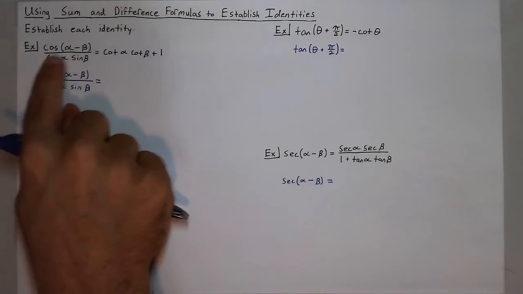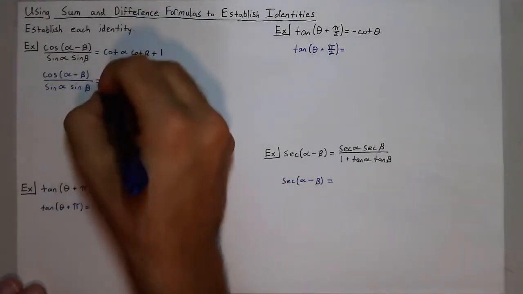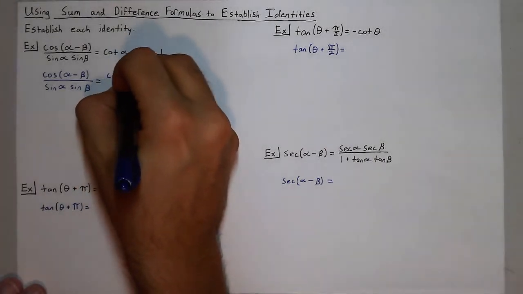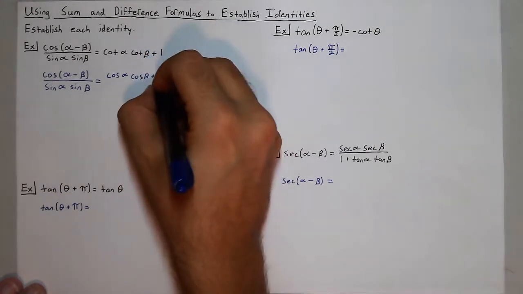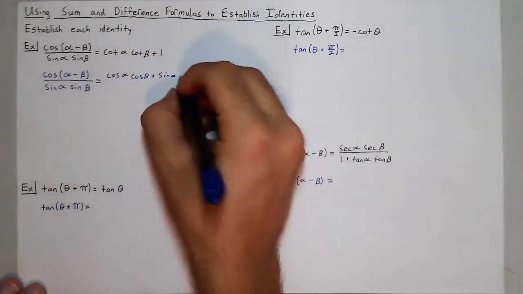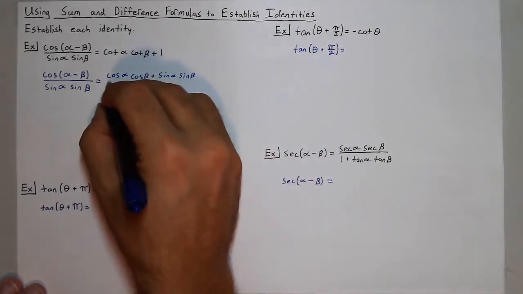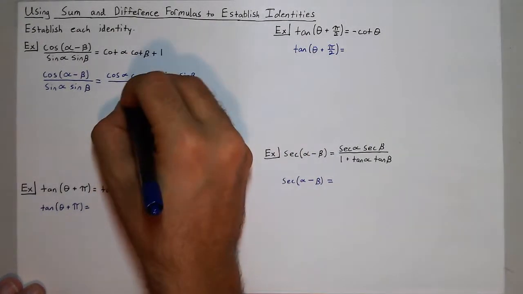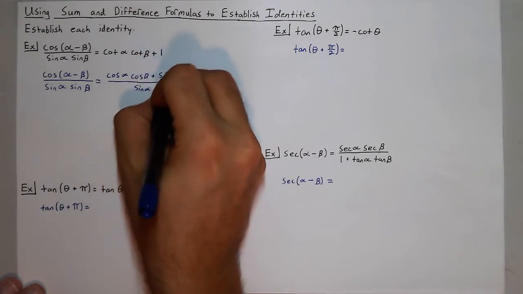So the cosine of alpha minus beta identity is cosine of alpha cosine of beta plus sine of alpha sine of beta, all over sine of alpha sine of beta.